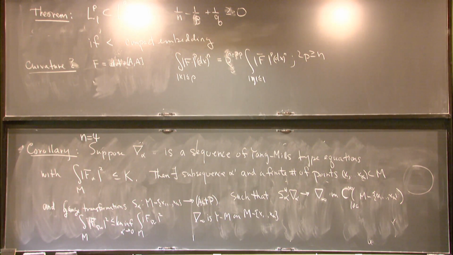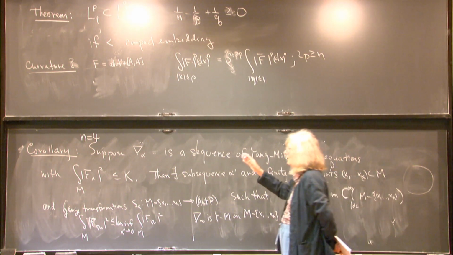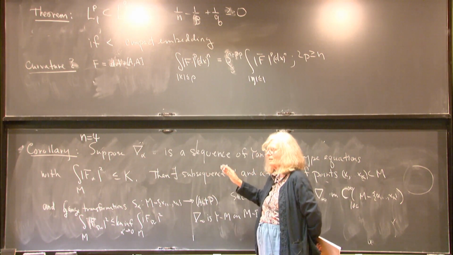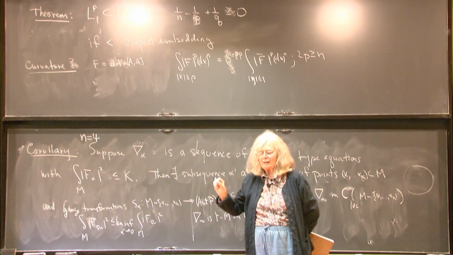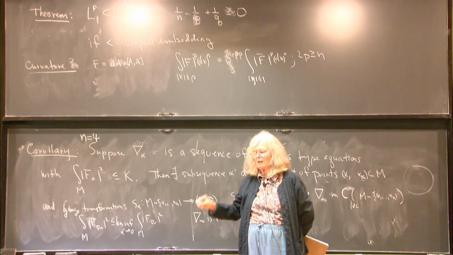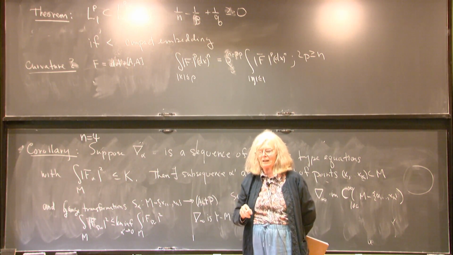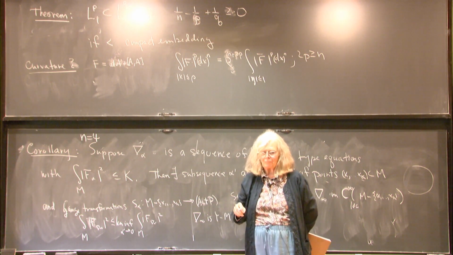I don't really need the epsilon regularity theorem to get convergence. So for n equal 2 and 3, the points aren't there, and this theorem is true. For n equal 4 is where we see the points, because it's the scale invariant case. Okay.